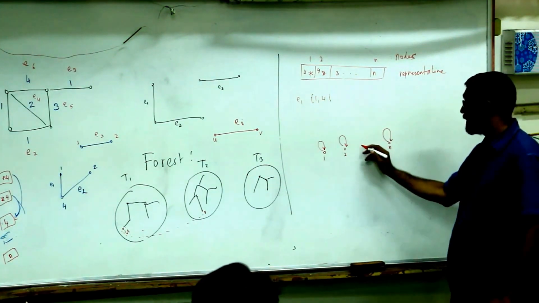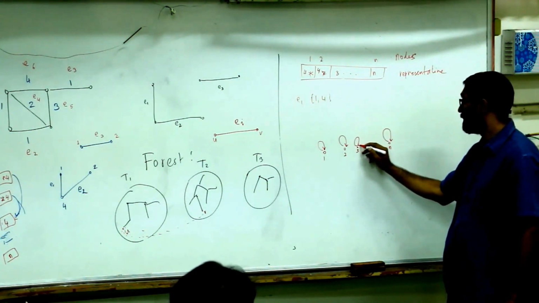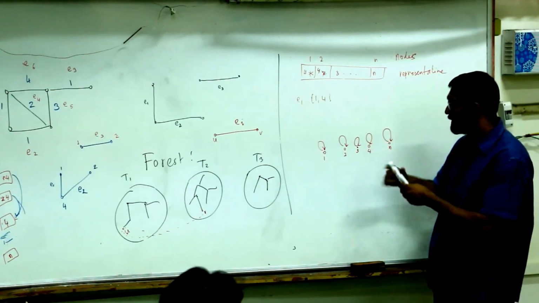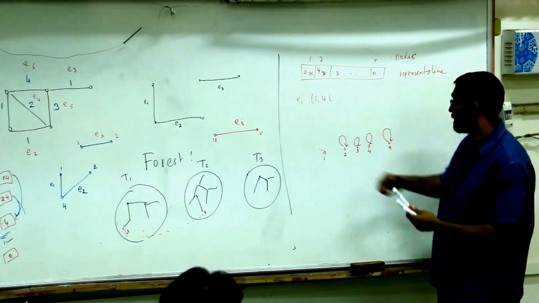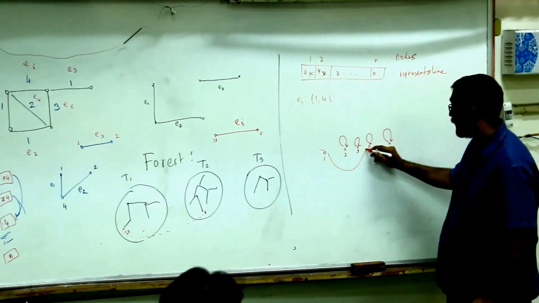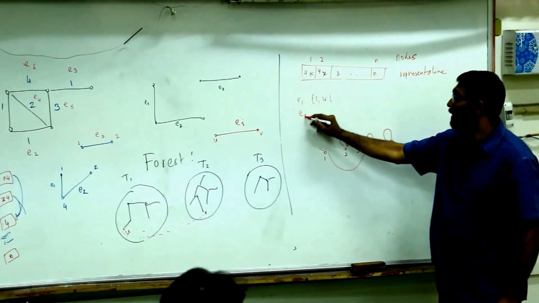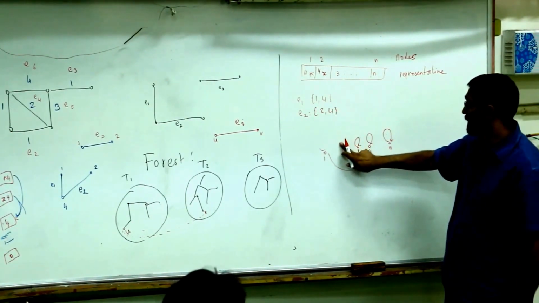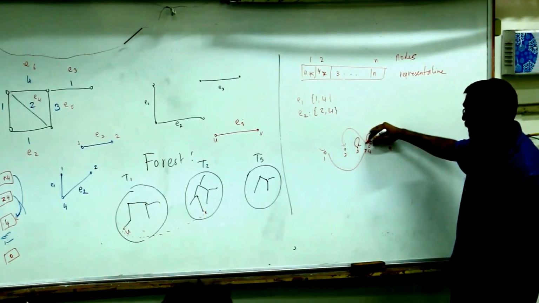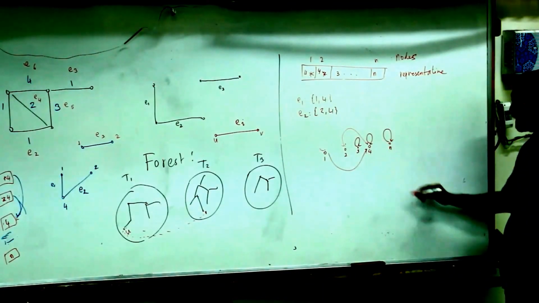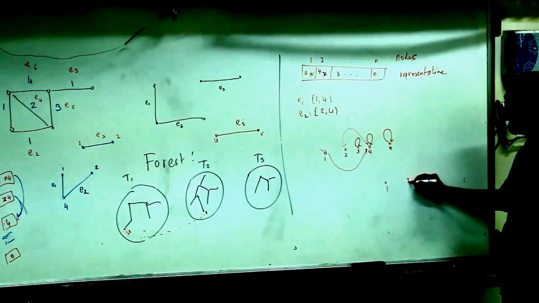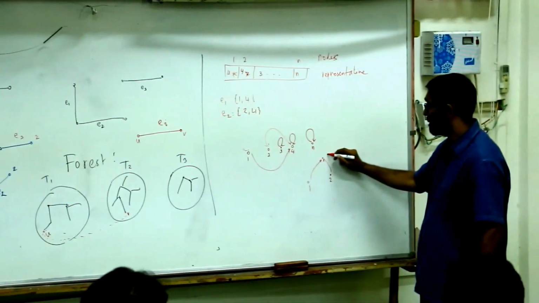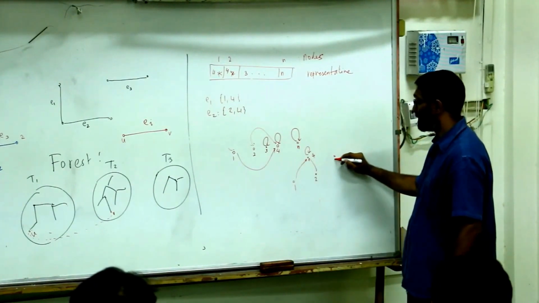So when the edge E1 arrives, what we've done is removed this edge and made 1 point to 4. When E2 arrived, we removed this edge and made this guy also point to 4. Right, so what we get is really a forest.